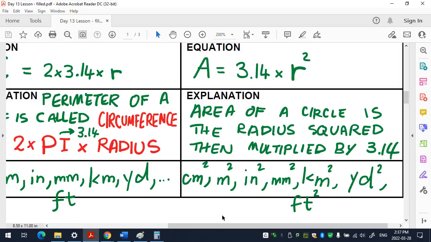When you buy a house or rent an apartment, what do you always ask about? The square footage. You never ask about the footage. You always say square footage because it's a 2D shape.